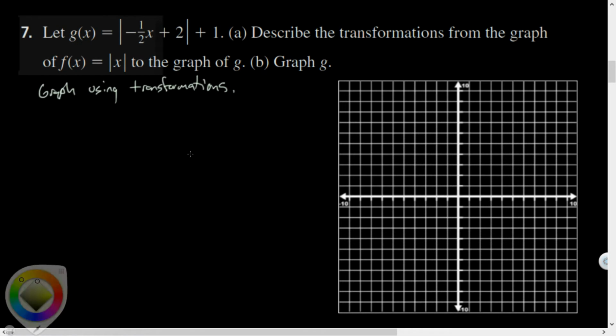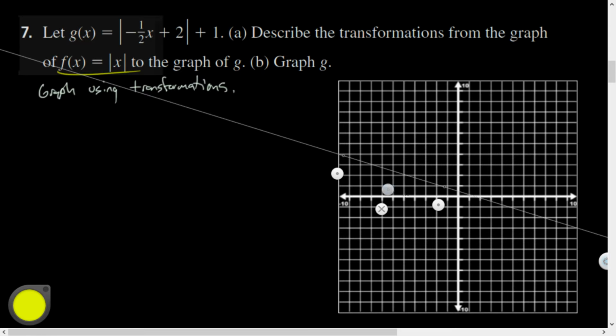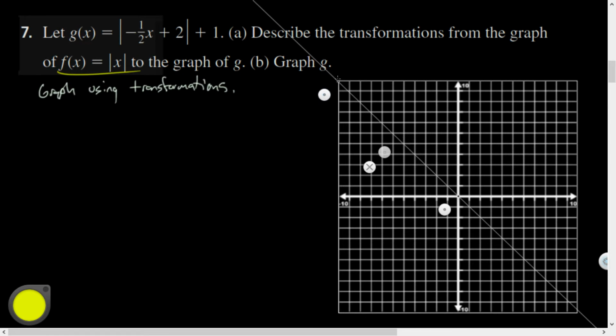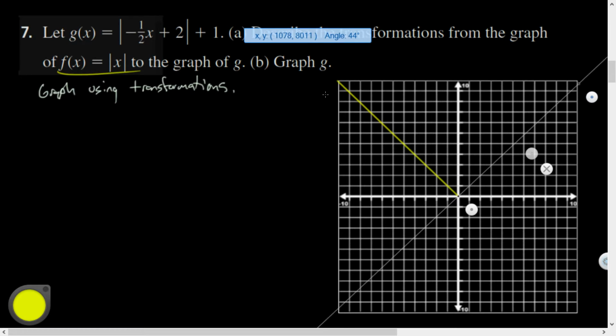So let's see. For my parent function, f of x, I haven't made that mistake in a while. It's supposed to be yellow. There we go. For my parent function, it's the classic yellow V. Something like that.